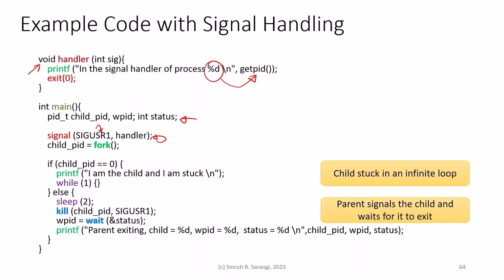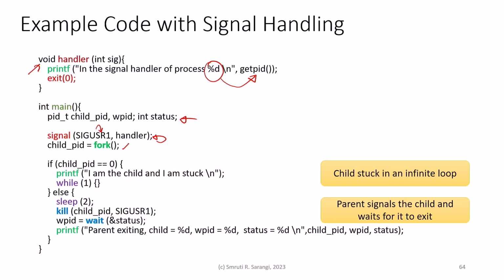And that is what I print, and I exit. So pretty much the signal handler's only job is that it catches the SIGUSR1 signal, prints the process ID and exits. That is the only job. And every signal handler has to be pre-registered with the OS, which your signal call does. You pre-register it against a signal number, which in this case is SIGUSR1.